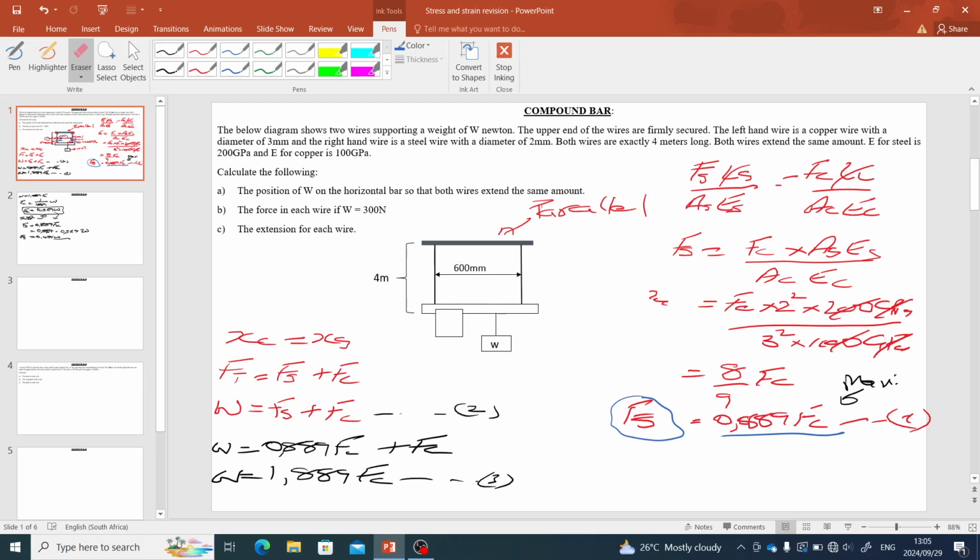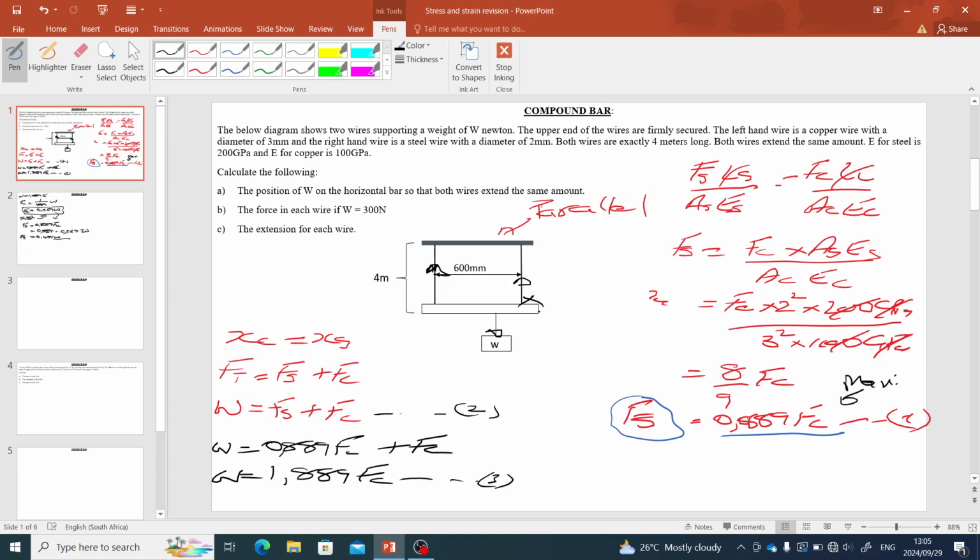When we take moments here, we have upward forces here. Since all these ones are going down, these two are going up.